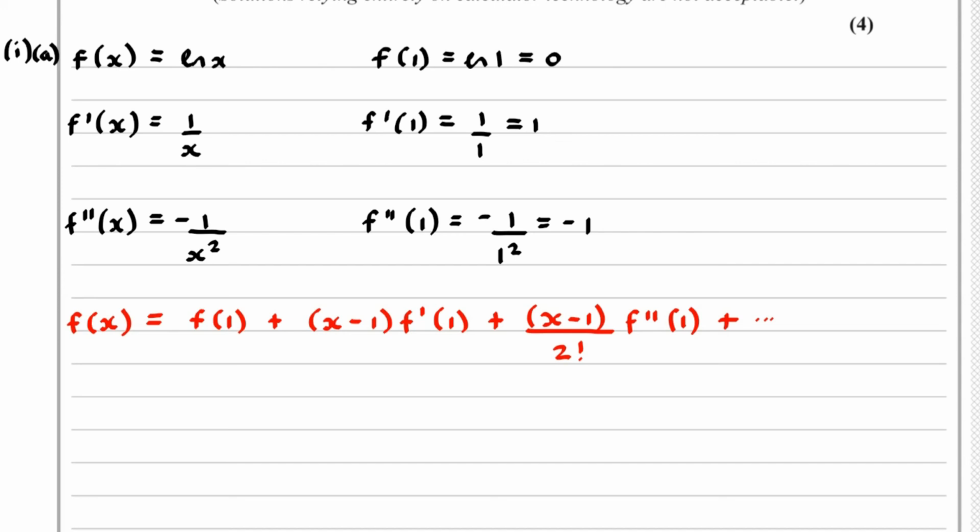So if we find the series expansion of the natural log of x about x equals 1, the natural log of x then is equal to f of 1, which is 0, plus x minus 1 times by f dash of 1, which is 1, plus x minus 1 over 2 factorial times by f double dash of 1, which is minus 1.